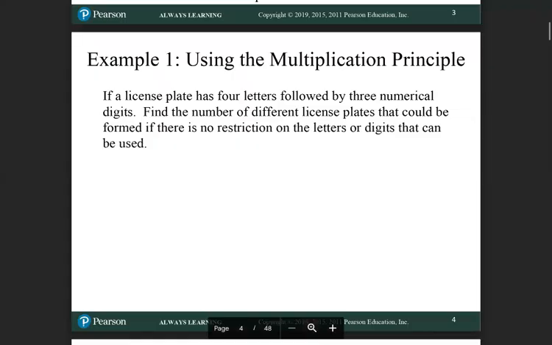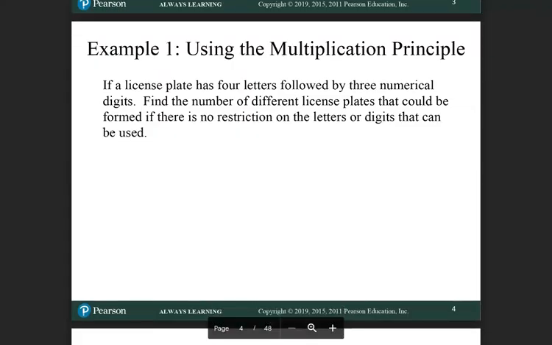So our example here, using the multiplication principle: if a license plate has 4 letters and 3 digits, find the number of different license plates that could be formed if there are no restrictions on the letters or digits. Okay, so notice now we're using the American alphabet. We have 4 letters and we have 3 digits. So 4 and 3 means 7 decisions.